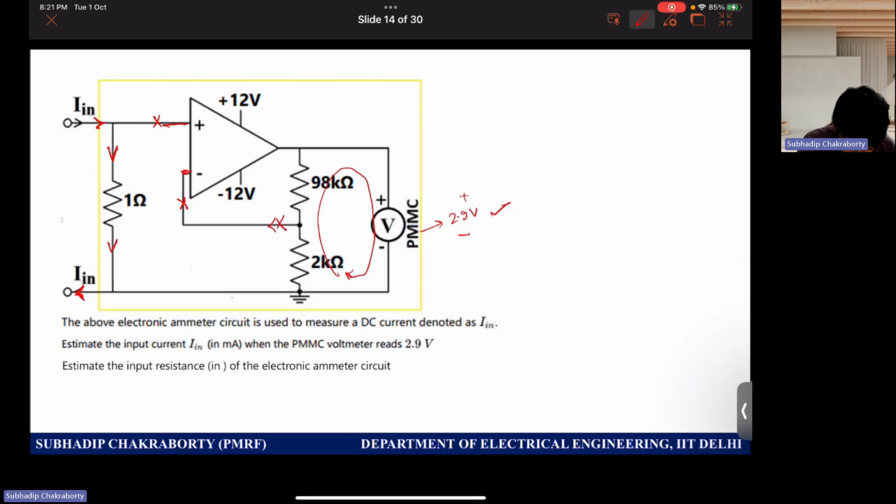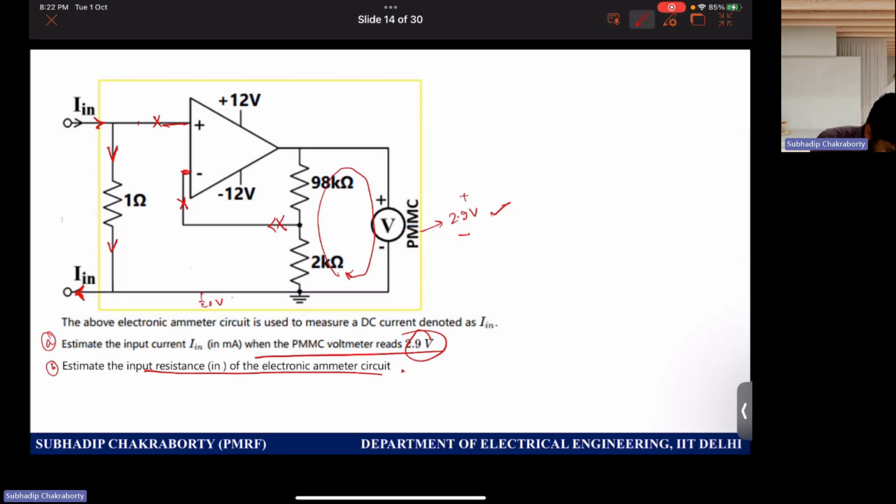So you have to estimate two parts: the input current when the meter reading is 2.9 volt, and the input resistance of the electronic ammeter based arrangement. So you can see that this point is at zero potential.